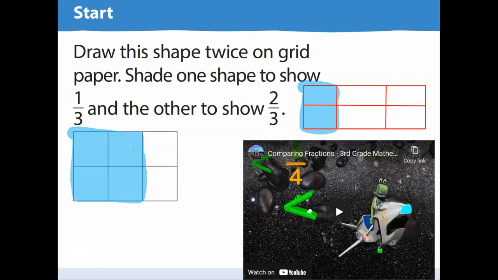Let me just show you. 1/3 right here is equal to 2/6. And here I have 2/3, which is equivalent to 4/6.